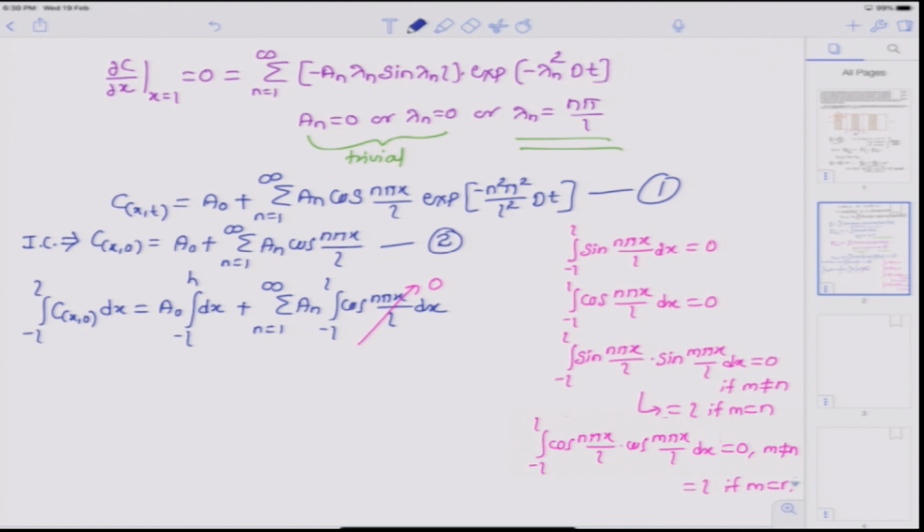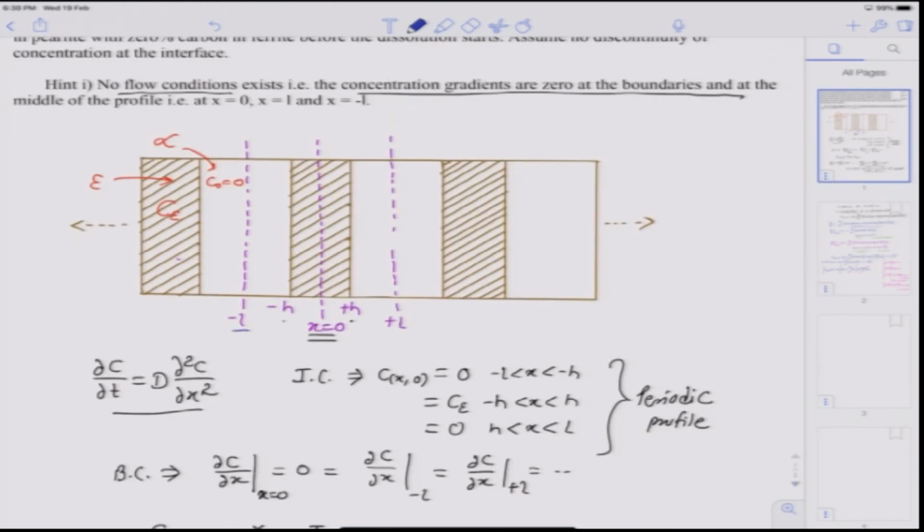And C of x 0 between minus L to L. We know between minus h to minus L, and between h and L, C of x 0 is 0, and between minus h to h, C of x 0 is C epsilon.